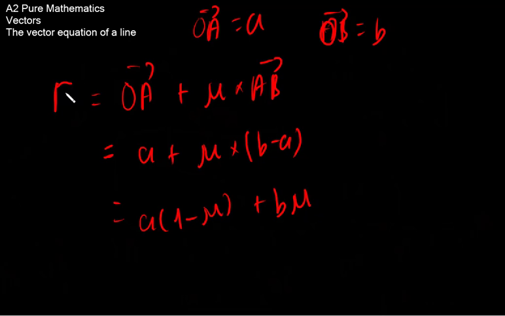This is what we call the general vector form of the equation of a line. Hopefully that gives you enough insight about the vector equation of a line.